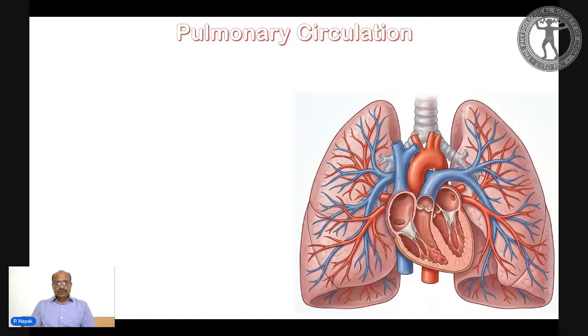The pulmonary circulation is unique. Broadly, the overall circulation is divided into two major parts: systemic circulation and pulmonary circulation. Throughout this session, we will be referring to the systemic and pulmonary circulation many a time.